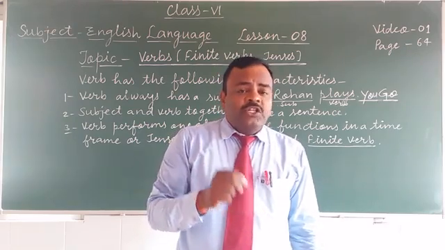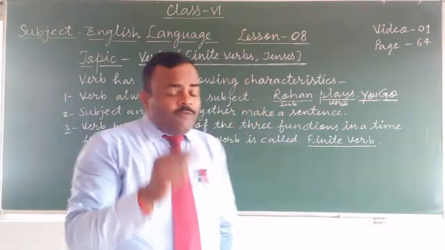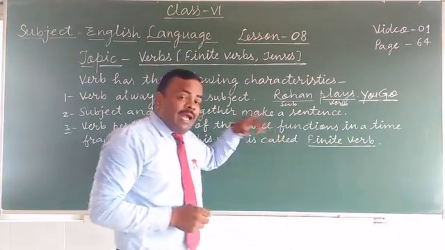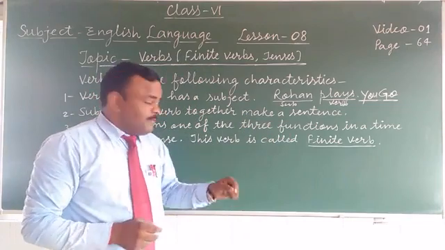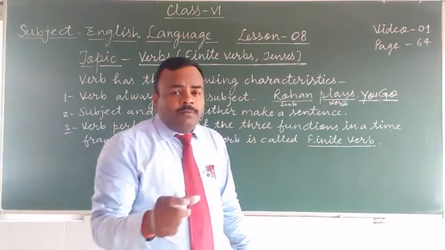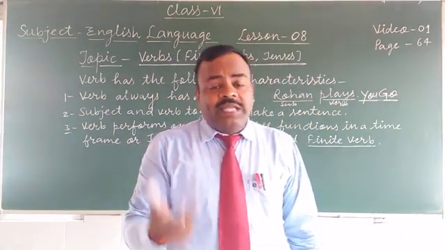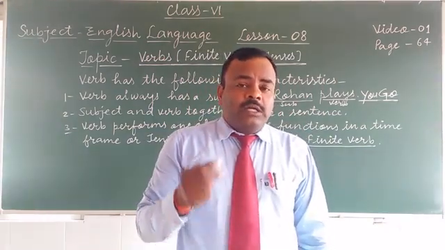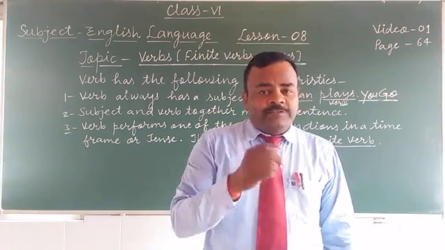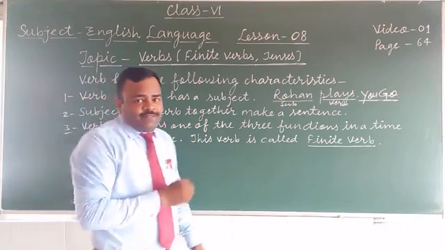And third, it shows what the subject does. Okay? So if the verb performs any one of the three functions in a time frame or tense, it will be called finite. The verb that changes according to the tense and according to the number and person of the subject is called a finite verb. So a finite verb changes according to tense.